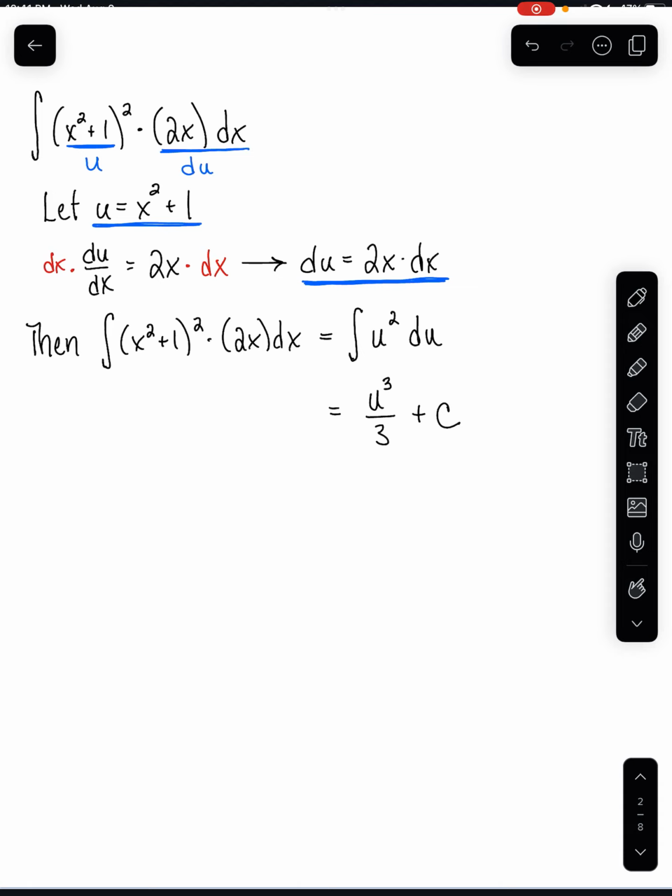And just like with the chain rule, we have to remember that this u that we used is a temporary measure. We temporarily replaced the variable x with the variable u. At the end of the problem, we do have to go back to our original variable.